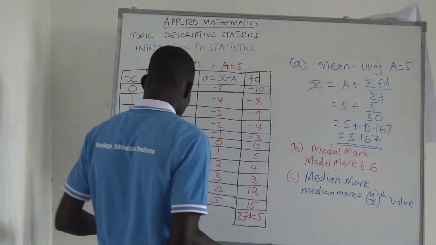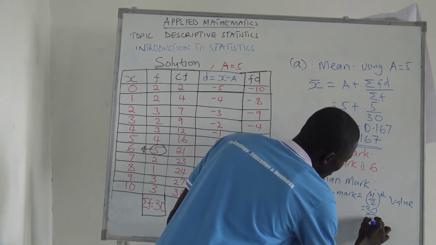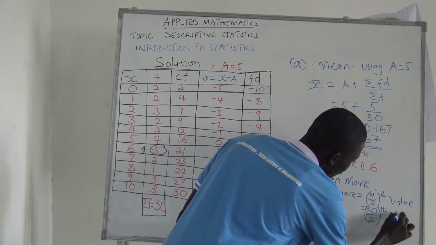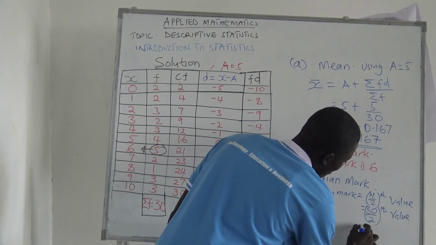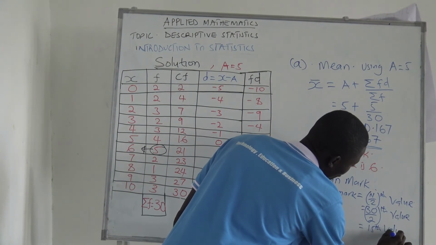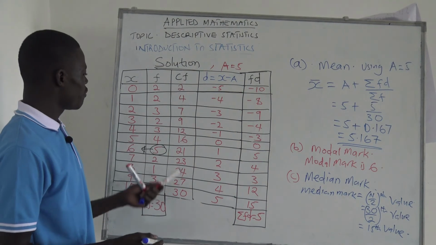But this n is 30, divided by 2, value. So this one is the same as the 15th value. So for the median mark, you are going to get the 15th value.